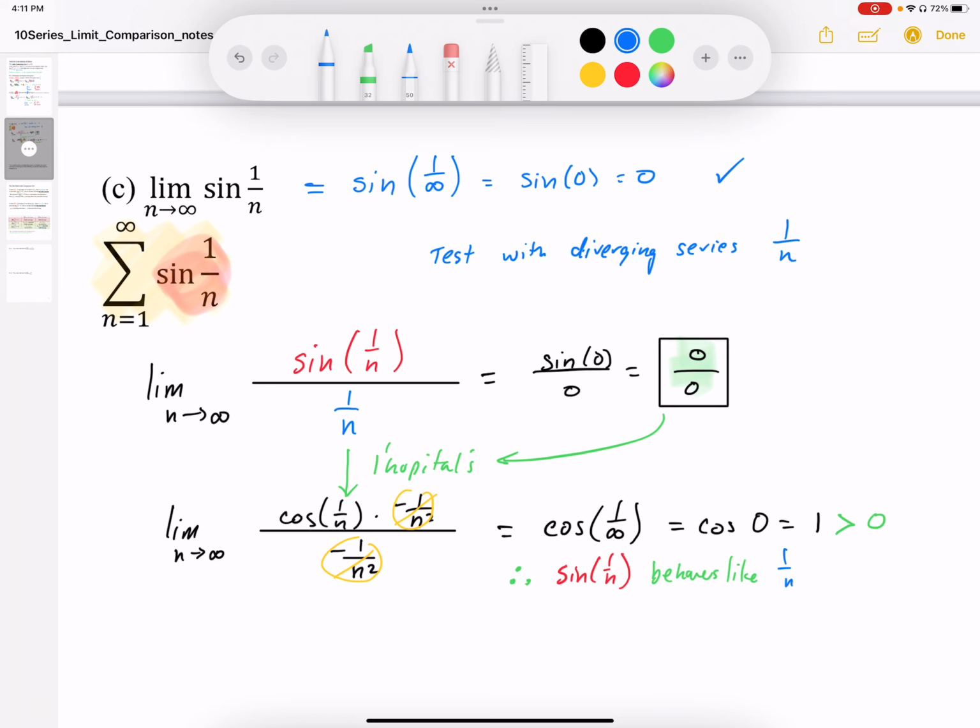We know that the sum of 1 over n is divergent, and from that we can conclude that the sum of sine of 1 over n is also divergent.